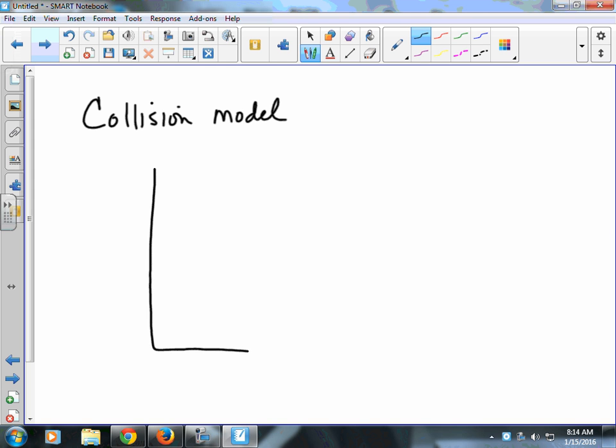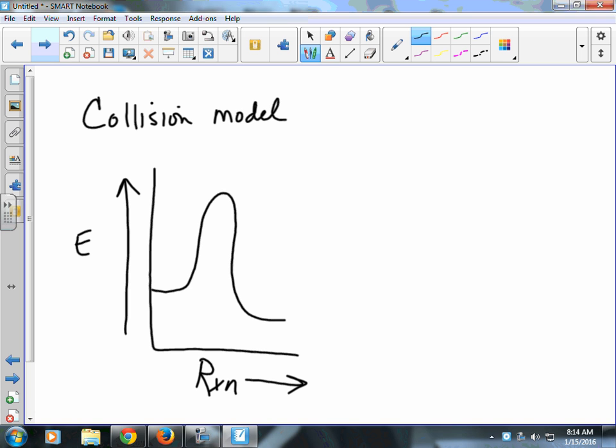This is the next page, 584. Okay, so we're looking at an energy diagram here. The formation of water is very exothermic. That means that the water molecules have less potential energy than H2 and O2. So our energy curve might look something like that. Now here's what all this means.